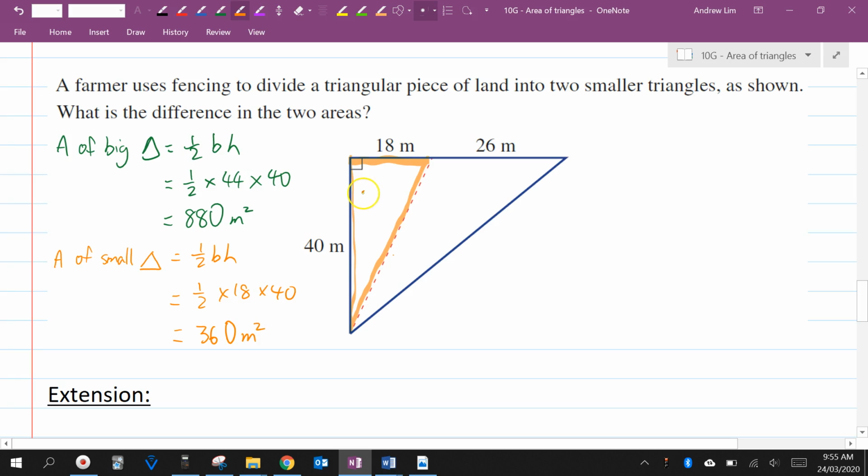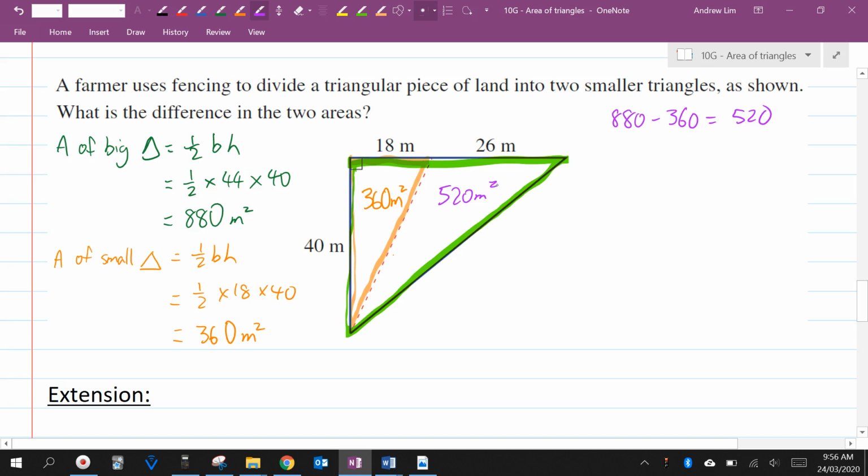Well, what that means is this has to be 360 square meters. Well, if the whole big triangle is 880, then how big is this? All we need to do is 880 minus 360, which is 520. That means that this has to be 520 square meters.